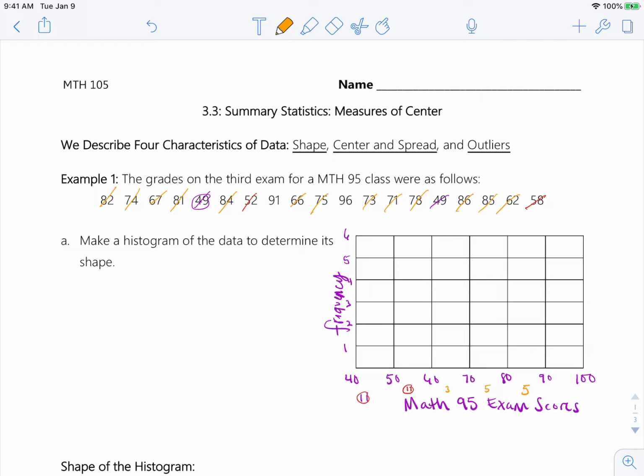And 90 to 100, it looks like we have 96, 1, and a 91, 2. So the reason I did this is now I can see, okay, 2, 4, 7, 12, 17. I should have 19 exam scores. So 1, 2, 3, up to 19. So I like to do that so I don't mess it up.